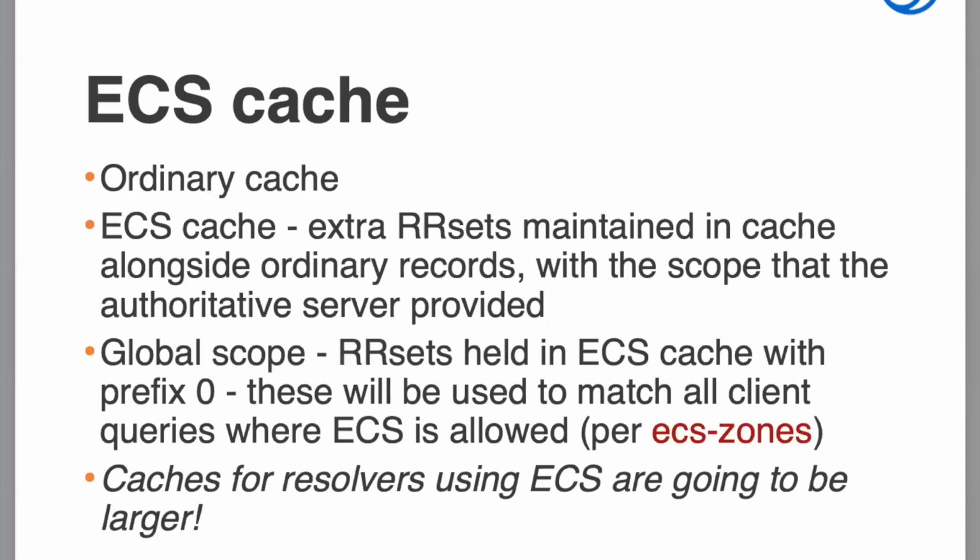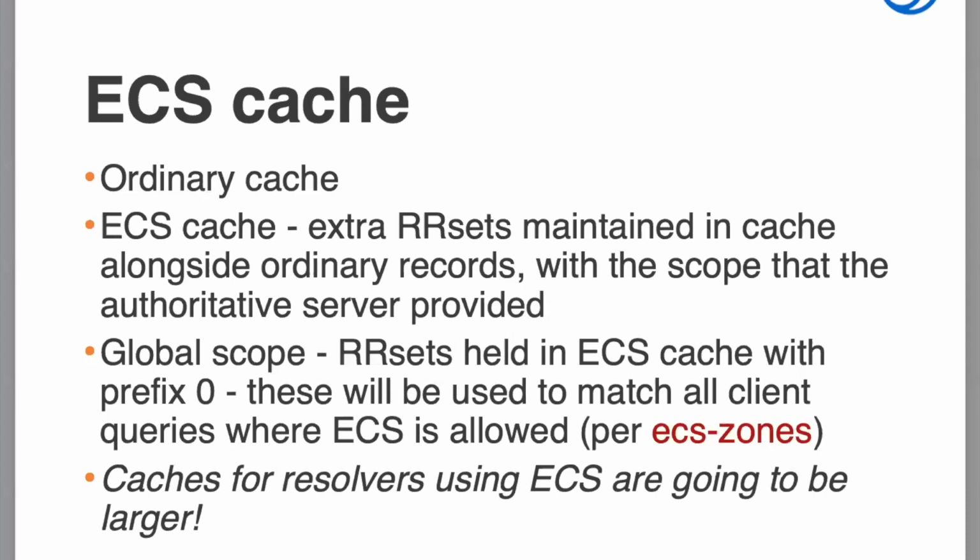That means all clients asking for ECS will get the same answer, but it is actually an ECS scoped answer. It just happens to be global. Everyone gets the same one. Imagine those as being stored alongside the original RRs. So you might not even have that actually if nobody asked the question.